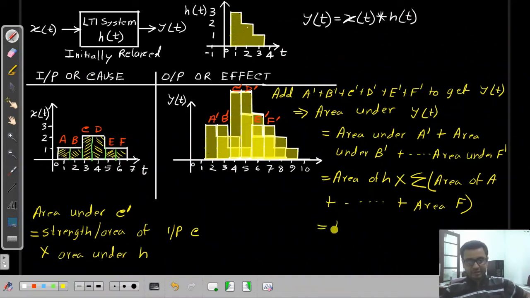So this becomes area of h multiplied by the area under x.